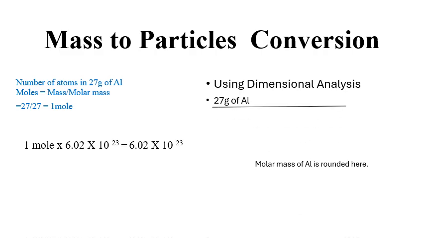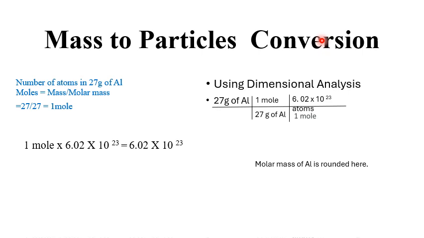First, convert the mass to moles using a conversion factor: 1 mole of aluminum contains 27 grams of aluminum. The next conversion factor is from moles to particles, which is 1 mole contains Avogadro number of particles, which is 6.02 times 10 to the power 23.